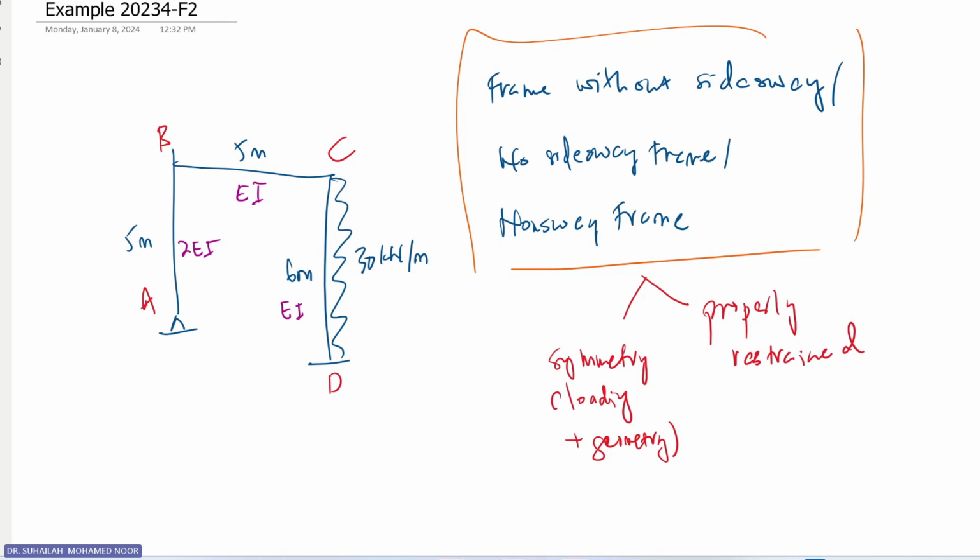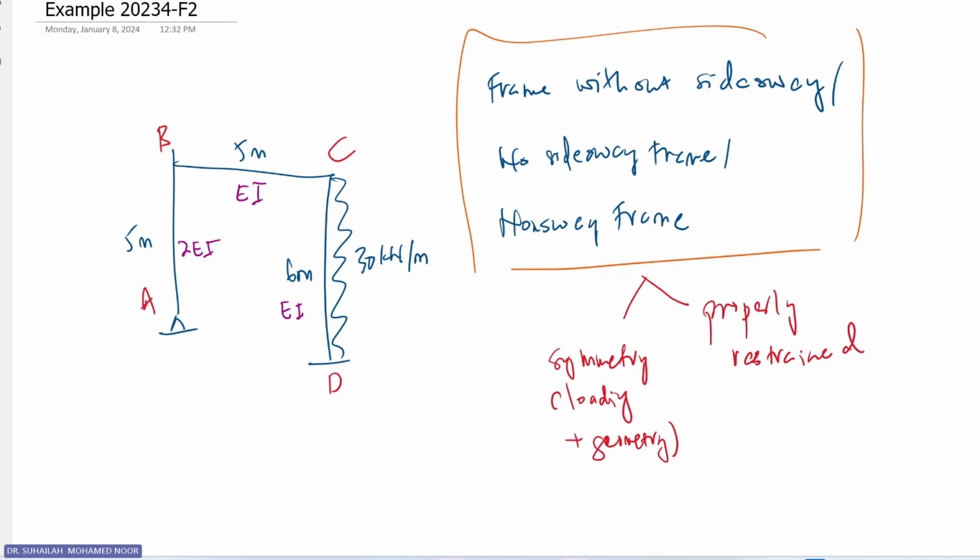We have to analyze the non-sway frame for table number 1, the first part. We have to make this frame a non-sway frame.